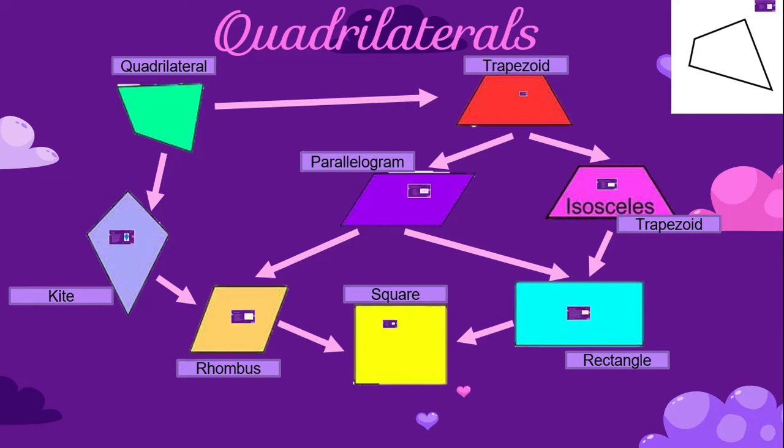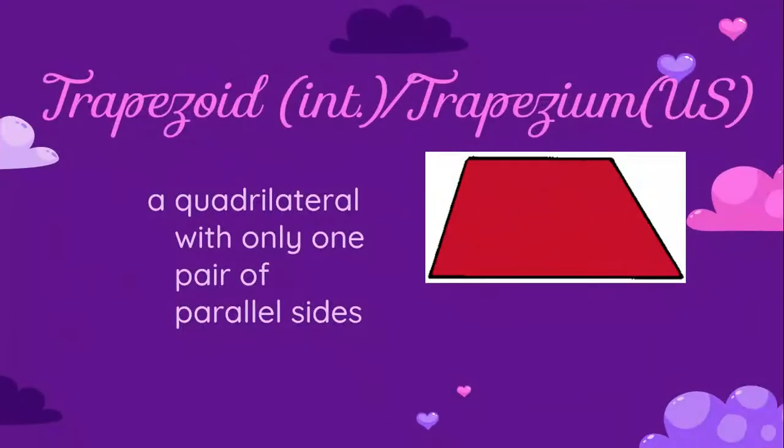Now, let's identify what a trapezoid is. Internationally we call it a trapezoid, but in the United States they call it a trapezium. Since we are using international language, we use trapezoid. What is a trapezoid? It is a quadrilateral with only one pair of parallel sides.